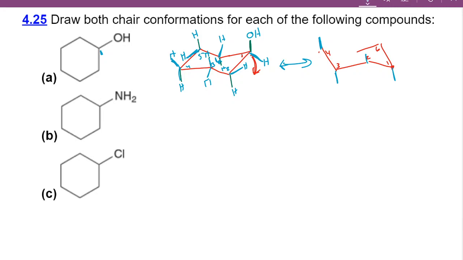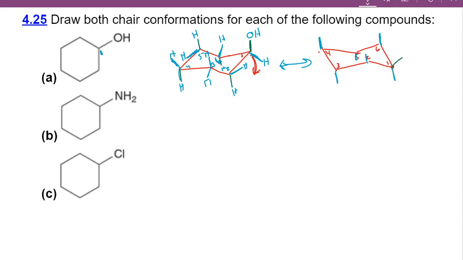And now I messed my thing up there. Now we have axial down. Okay. And at carbon number 6, the equatorial up is now axial up. Okay, so all of our axials have now become equatorial.